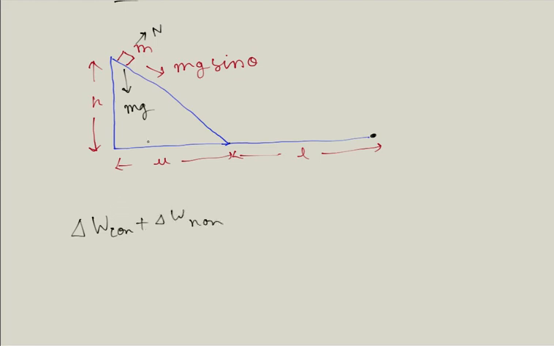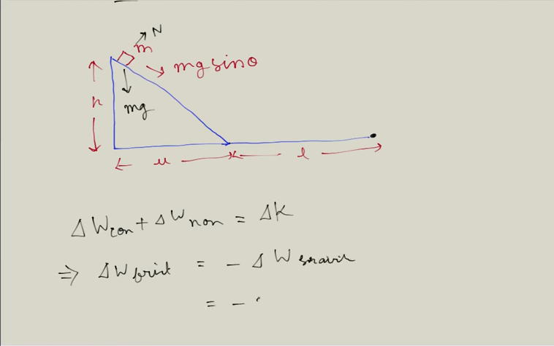Conservative force is gravitational force here, and non-conservative force is frictional force here. As I have already mentioned, change in kinetic energy is 0 in this question. So we can directly equate work done by non-conservative force, that is frictional force, that is what we need in this question, to minus of work done by gravitational force.